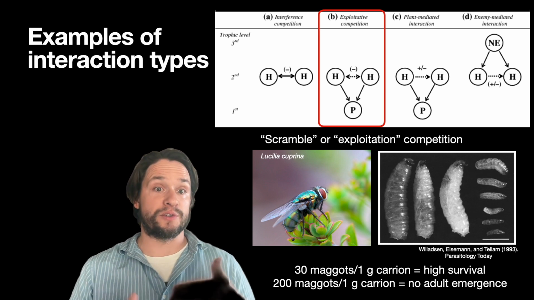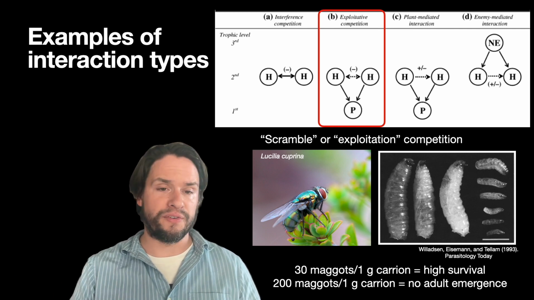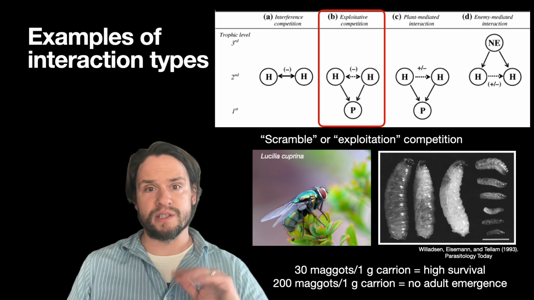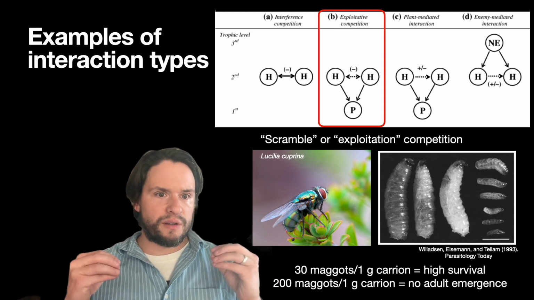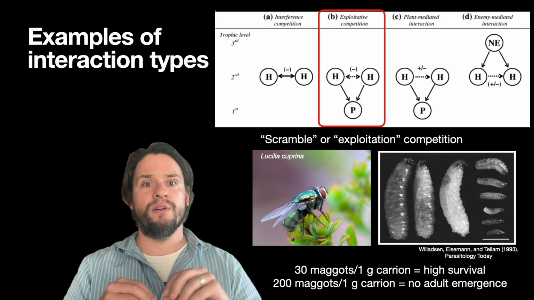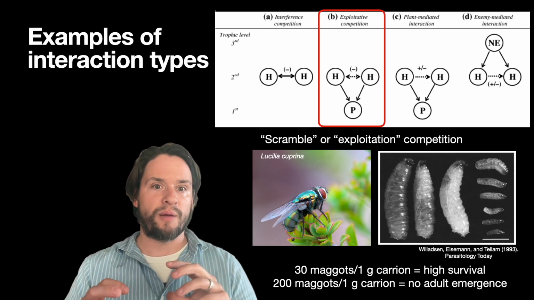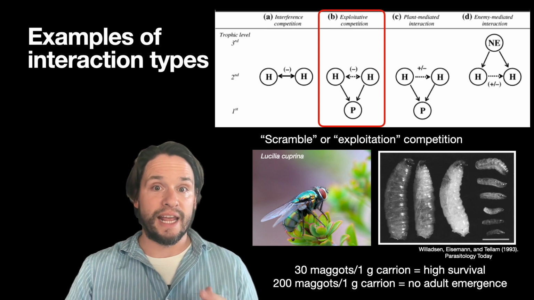So again, an example where there are negative effects for everybody. To recap, interference competition involves direct interactions within a trophic guild, while exploitative competition and scramble competition involve fighting over a limited resource, and so are in some sense mediated by the resource.